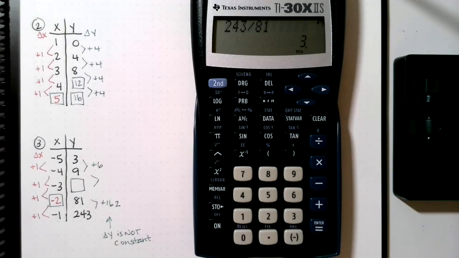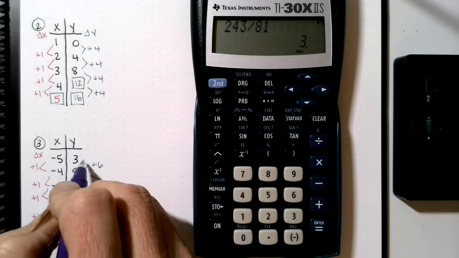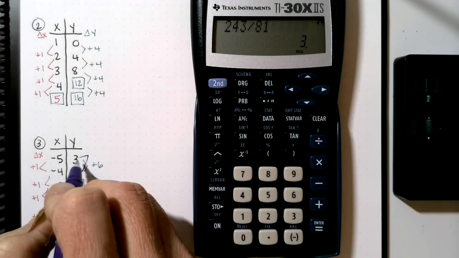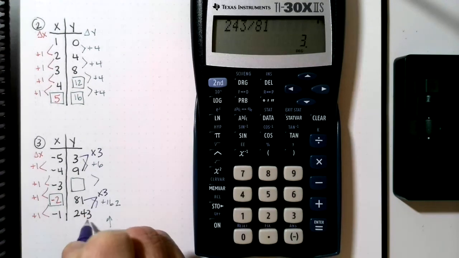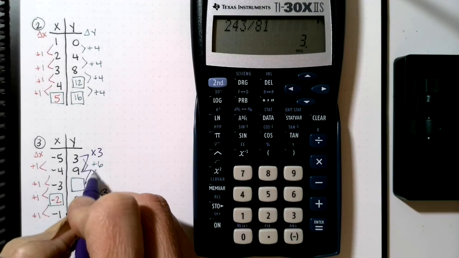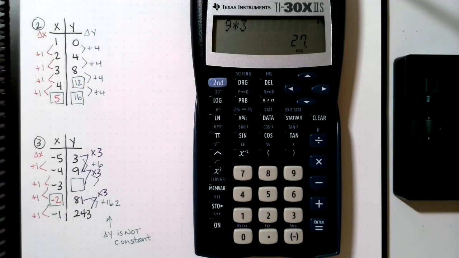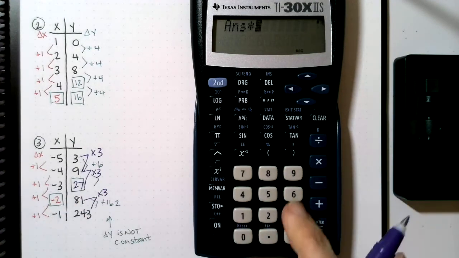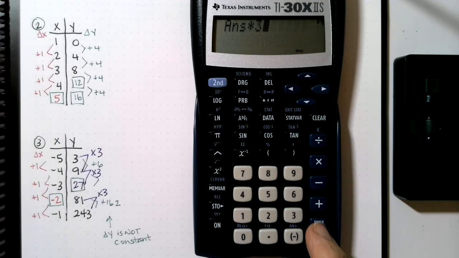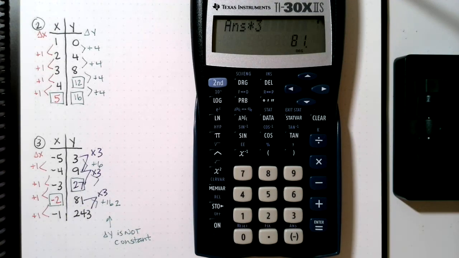So that would be an indicator that as I'm going from 3 to 9, that was times 3, and that 81 times 3 gave you 243. That 9 times 3, and it's okay to use your calculator, 9 times 3 is 27, and you can check that out. What's 27 times 3? And that's just putting the previous answer in there. That's 81. So this tells me that there was a common multiplier going through that problem.